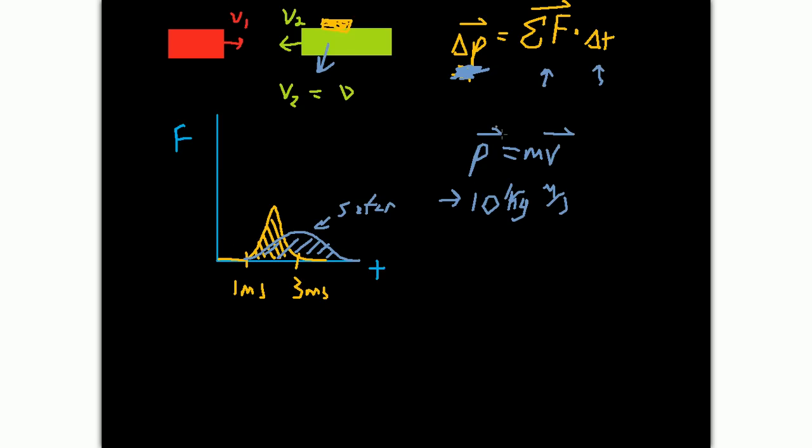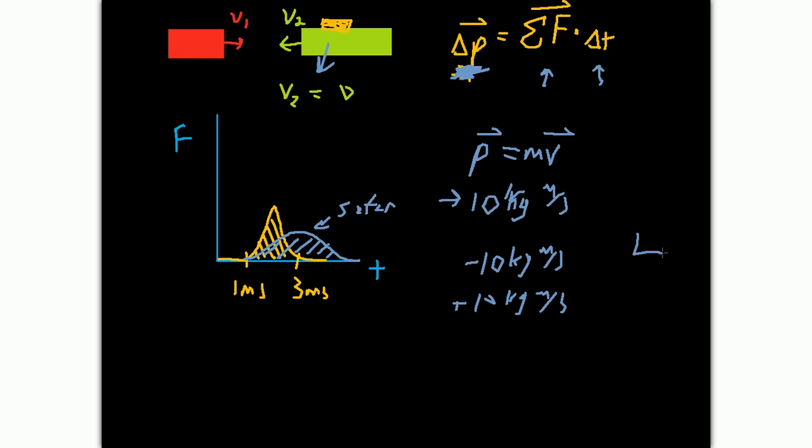It is also a vector. It has direction. So you can have negative 10 kilogram meters per second, or you could have positive 10 kilogram meters per second. And the importance of this direction, or this sign, is in the direction of the force that's needed to bring it to rest.